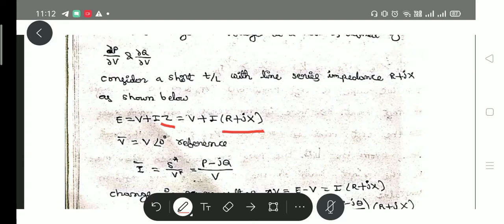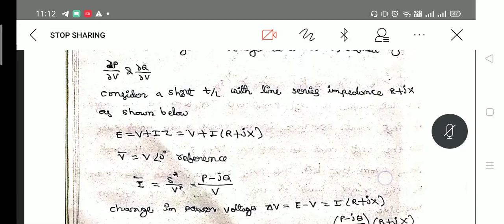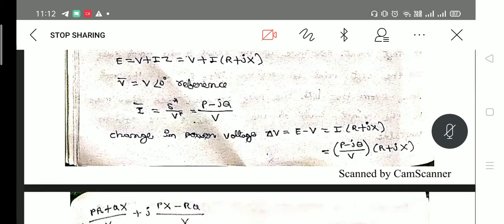The apparent power is P minus jQ, so I is P minus jQ by V. Substituting in place of I, the P minus jQ by V into R plus jX.